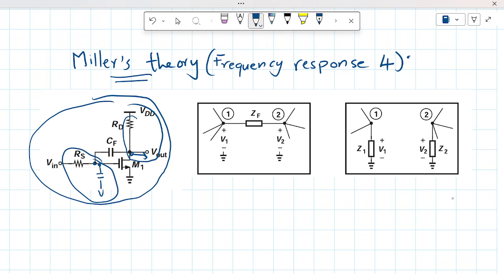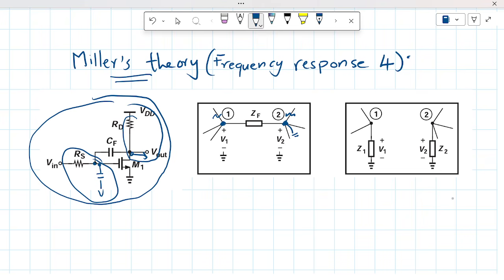Assuming we had any impedance, not only capacitance, from a node to another node where the voltages are changing, that's very important. The two nodes should have their voltages changing, so this cannot be grounded. If this is grounded or any of them is grounded, then this theory wouldn't apply.